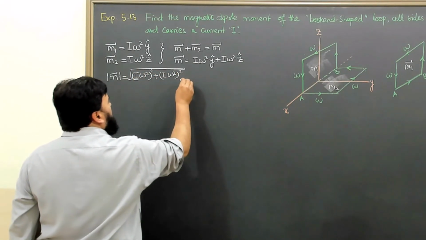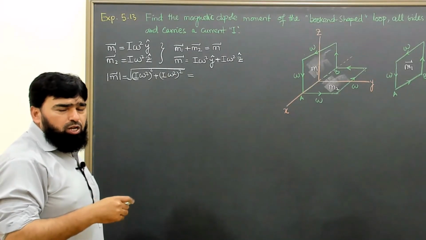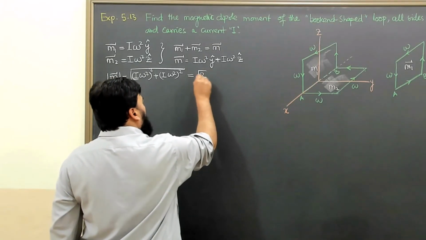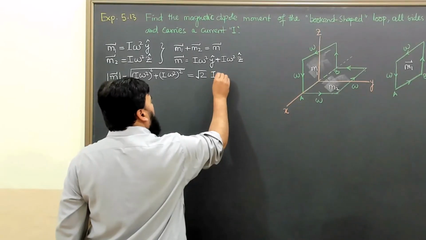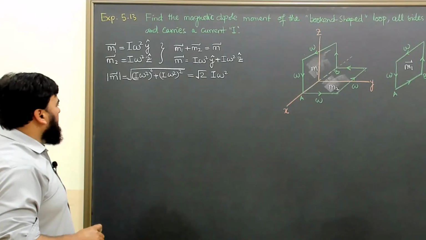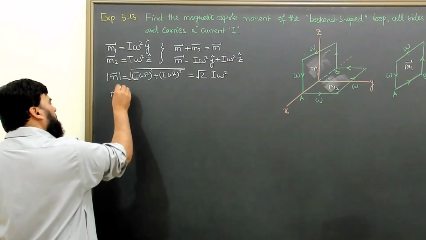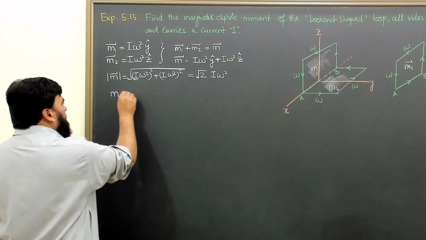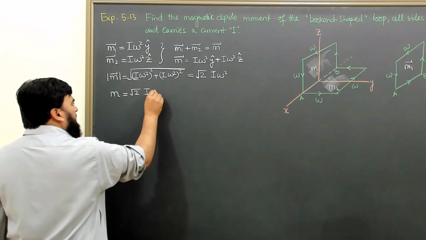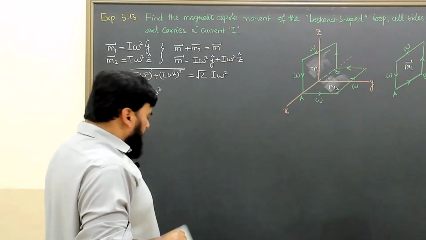So it becomes 2 times I omega square whole squared. The square root of 2 will remain and I omega square will come out, so the total magnitude of the dipole moment is root 2 times I omega squared. This is the magnitude of it.